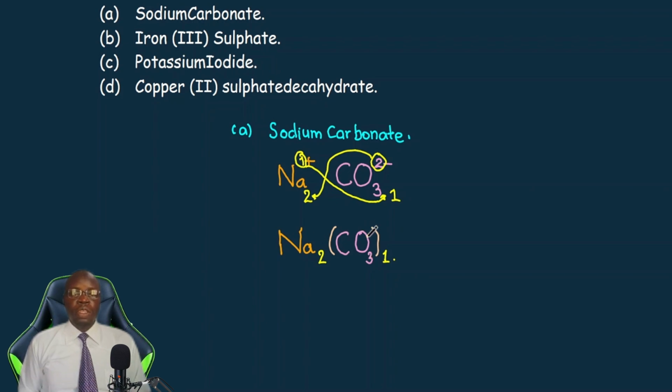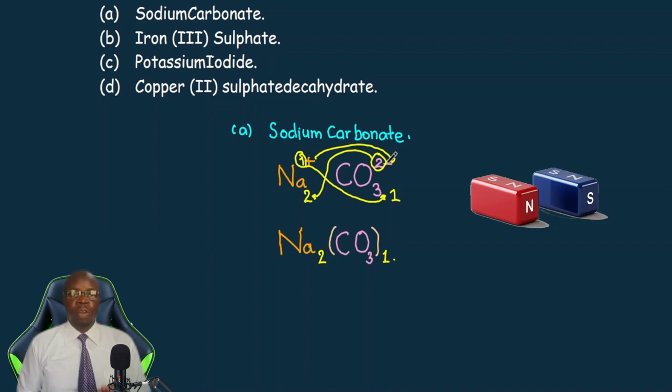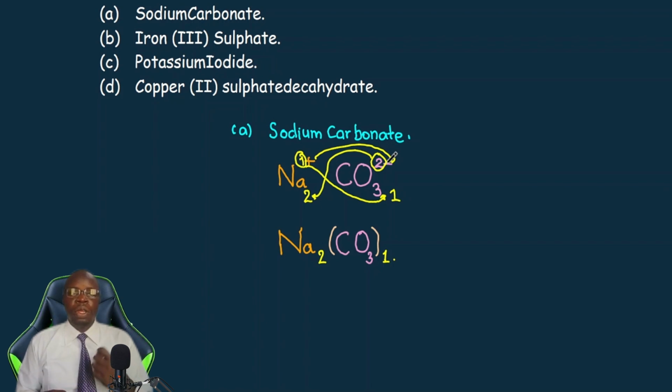And what brought these two things together? We had this positive and negative coming together, just like the north pole and south pole of a magnet will attract. So the positive ions and the negative ions will attract together, bringing these 2 different elements or this radical together with the metal sodium to form one compound.